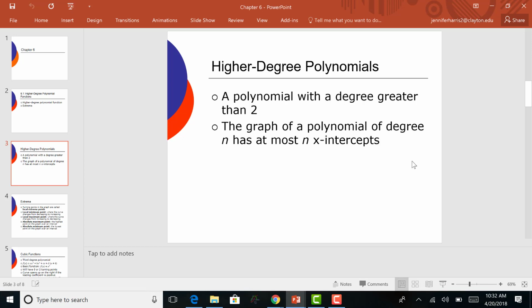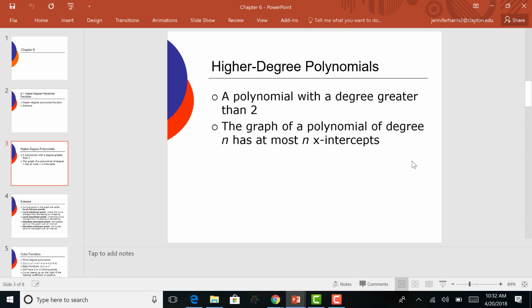Is it a higher degree polynomial? Is the exponent higher than 2? Yes, okay? So again, n is the degree, so that's a degree 3. The highest exponent is called the degree. The highest exponent of 3 is a degree 3. The highest exponent of 4 is a degree 4. If the highest exponent is 5, it's a degree 5. So this one's a degree 3.